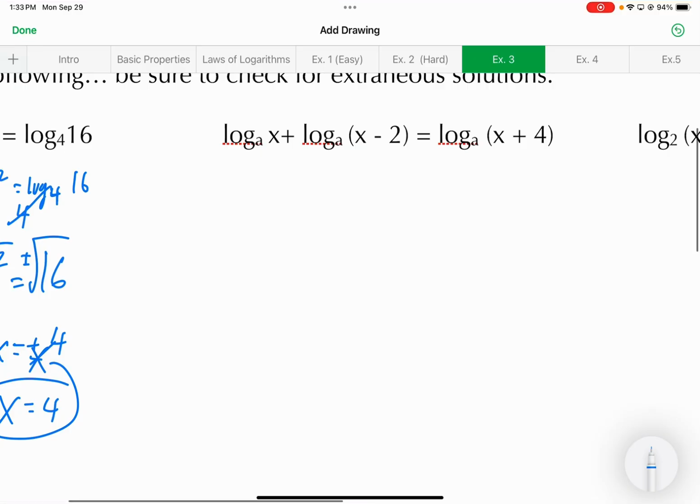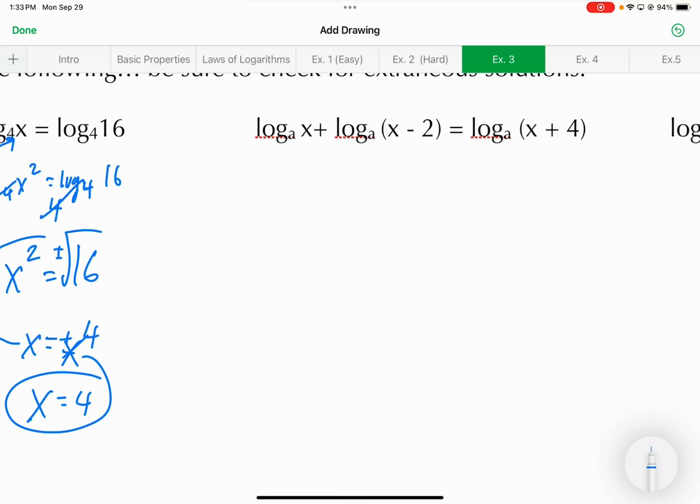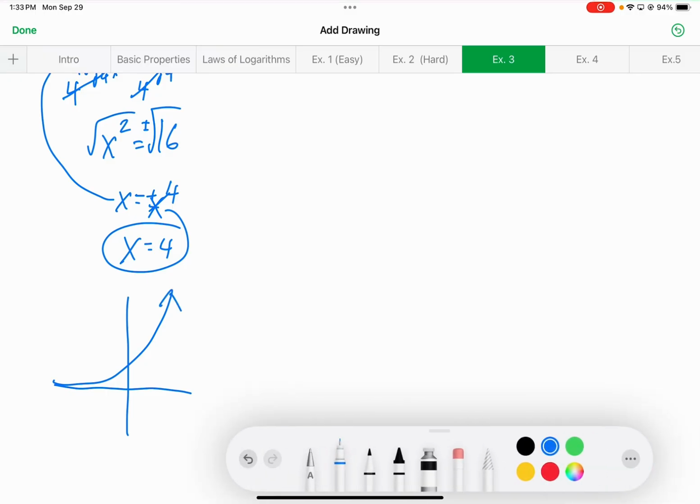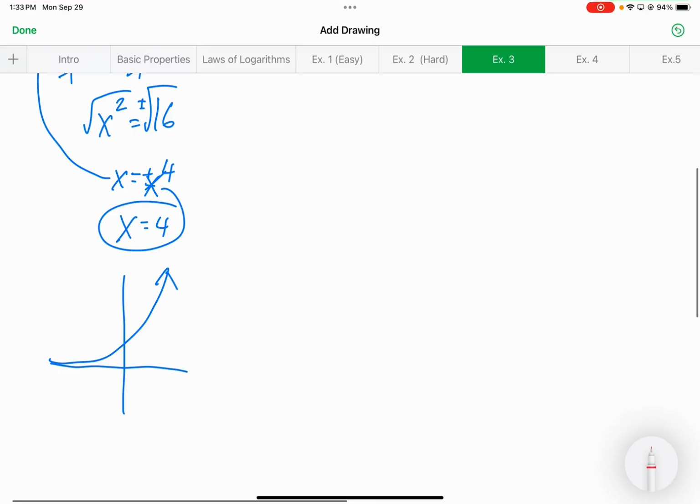Okay? All right, the middle one, log base a of x plus log base a of x minus 2 equals log base a of 4. Oh, why can't you take log? It's an inverse of an exponential. So an exponential looks like this. Its inverse, which would be reflected over the line y equals x, is going to look something like that. So log doesn't work. Like we can't have a negative number inside of our log.